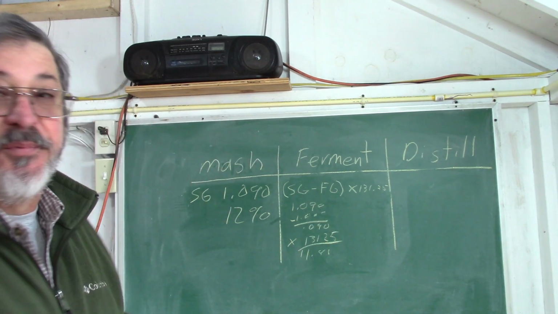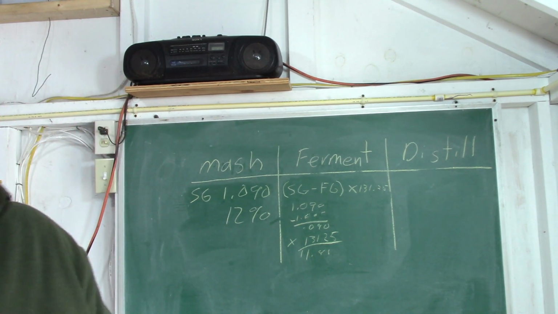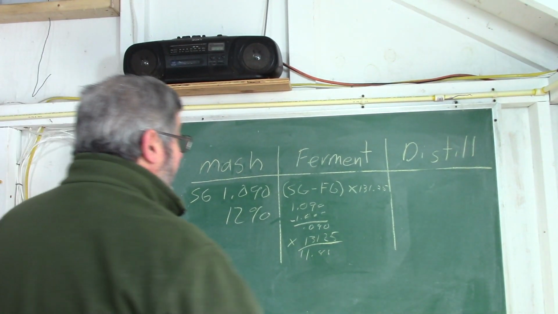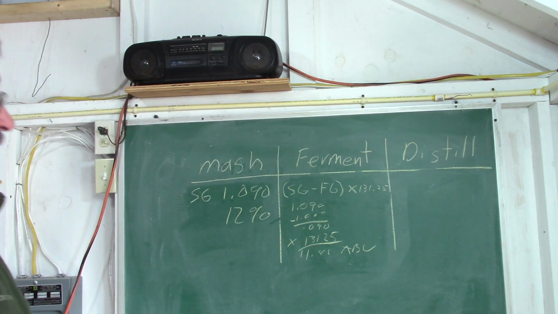Let's just call it 12%. Okay? So that is our ABV, alcohol by volume. Alright?